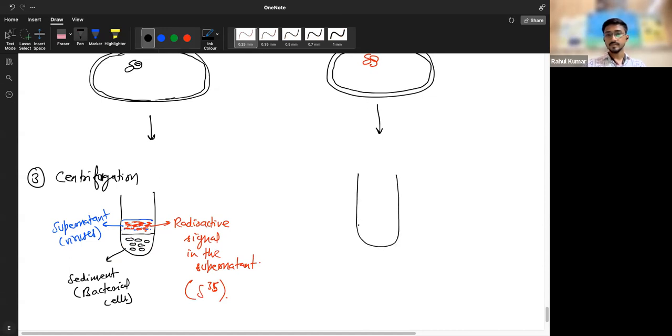And in the other case, there will be cells sedimented at the bottom. And again, there will be a supernatant where the protein coats of the bacteria will be. Now, what is labeled here? Protein or the DNA?